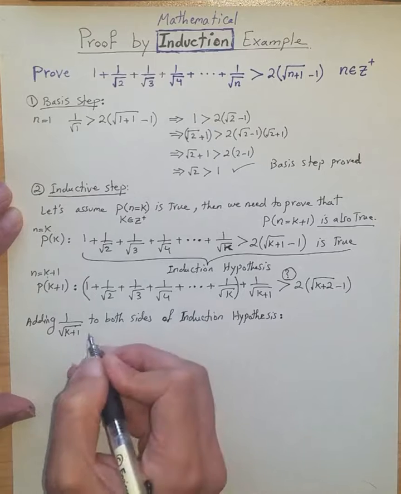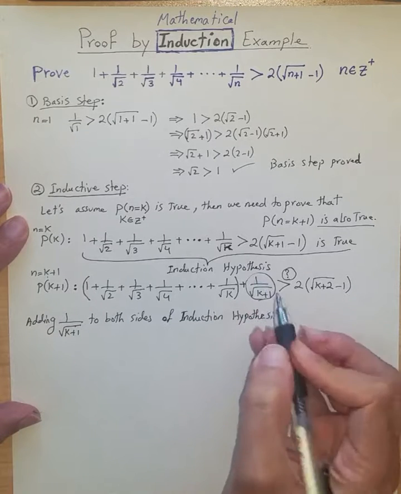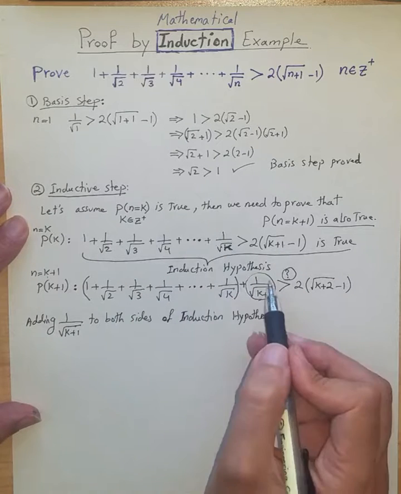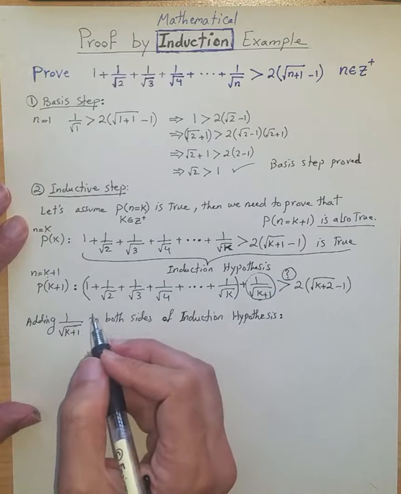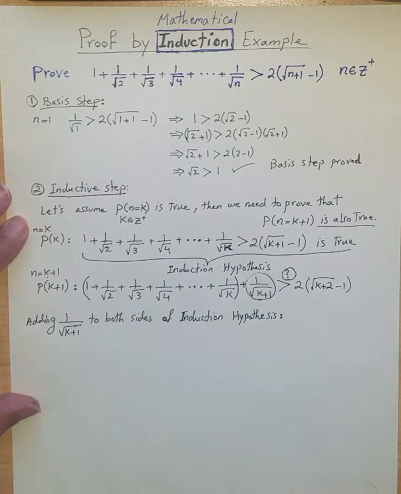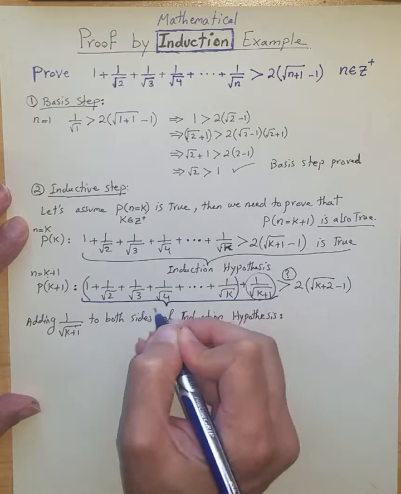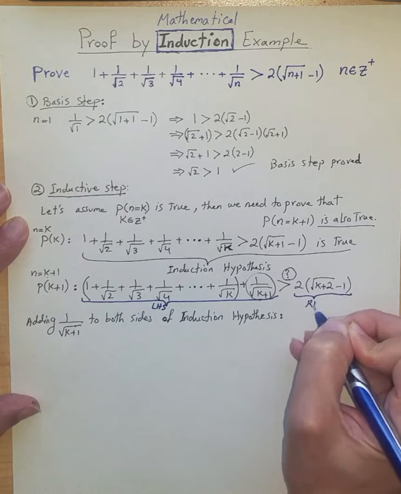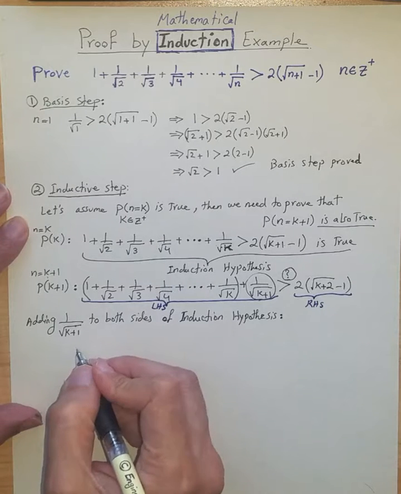What is the thing I'm going to get? If I add 1 over square root of k plus 1 to both sides of this induction hypothesis, then on the left-hand side, I'm going to get what exists in the left-hand side of what I need to prove. So let me just refer to this whole thing here as the left-hand side, and this is, of course, the right-hand side.